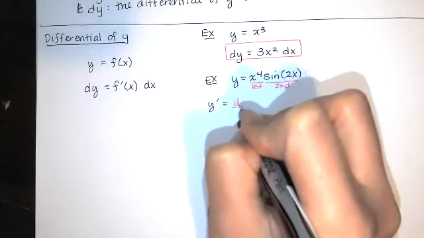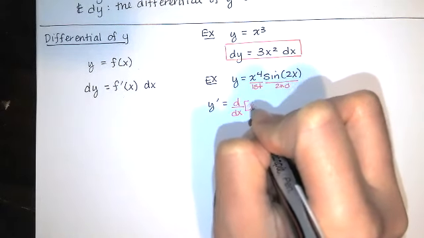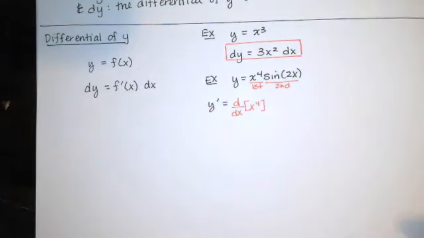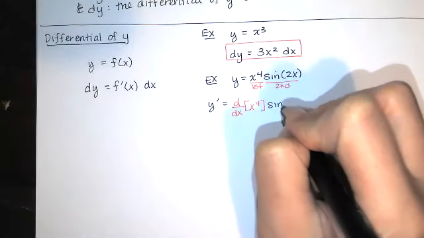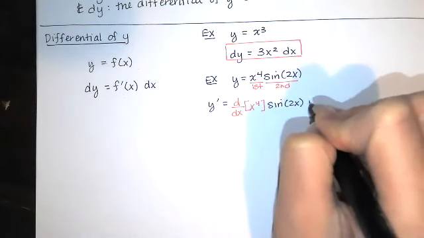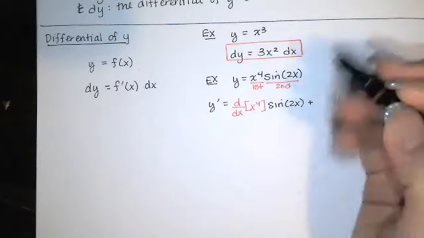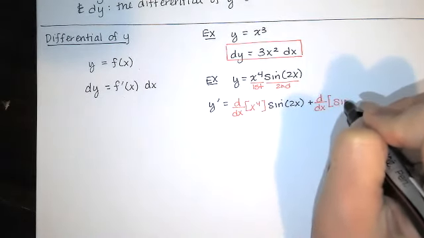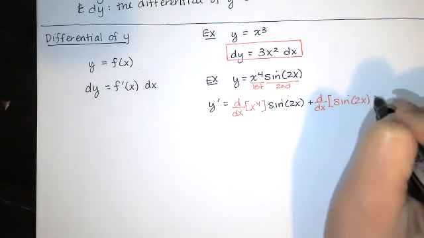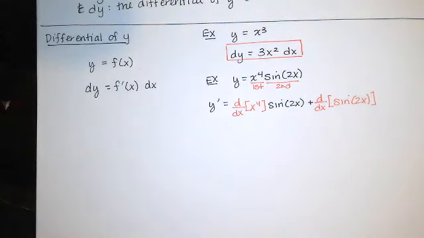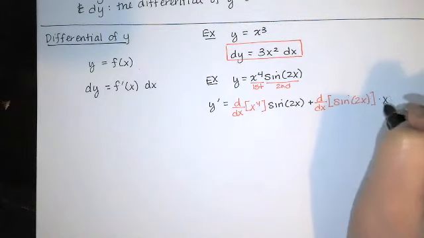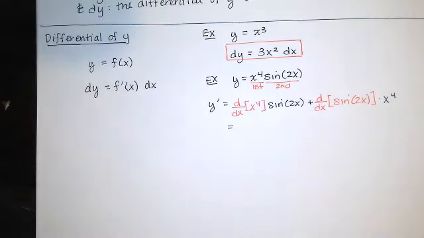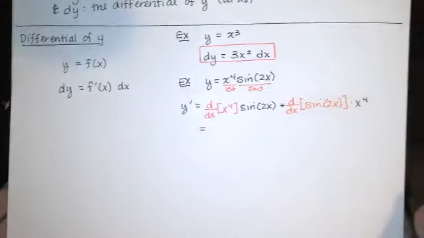So we'll take the derivative of the first function, and then we'll multiply it by the second function, undifferentiated, and then we'll add the derivative of the second function, multiplied by the first function, undifferentiated. And then we just compute those two derivatives.